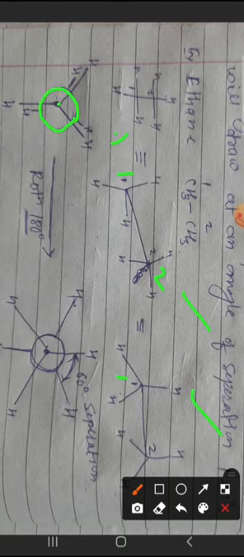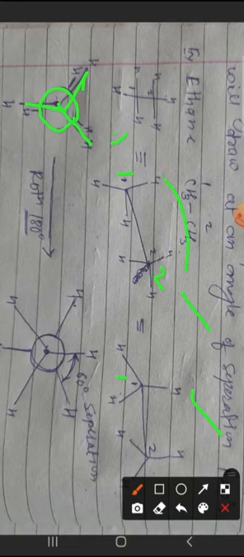On the front carbon there are three groups, and the angle of separation between these three groups is 120. So on the first carbon there are three groups attached and they are separated by a 120-degree angle like this. And the rear carbon also has three groups, also separated by a 120-degree angle.